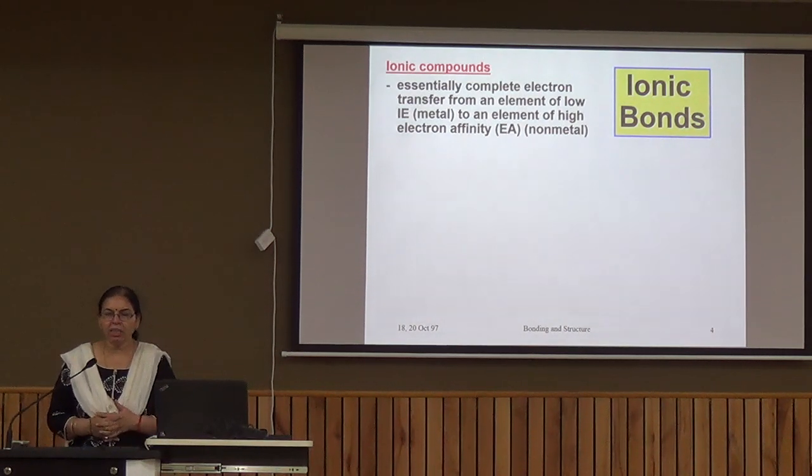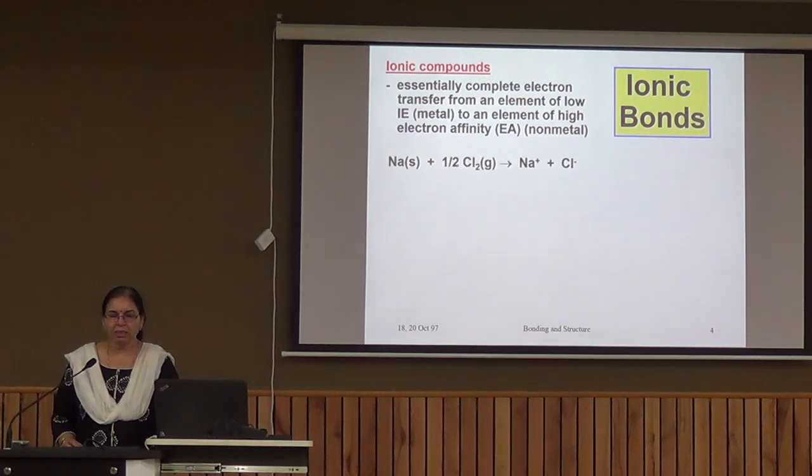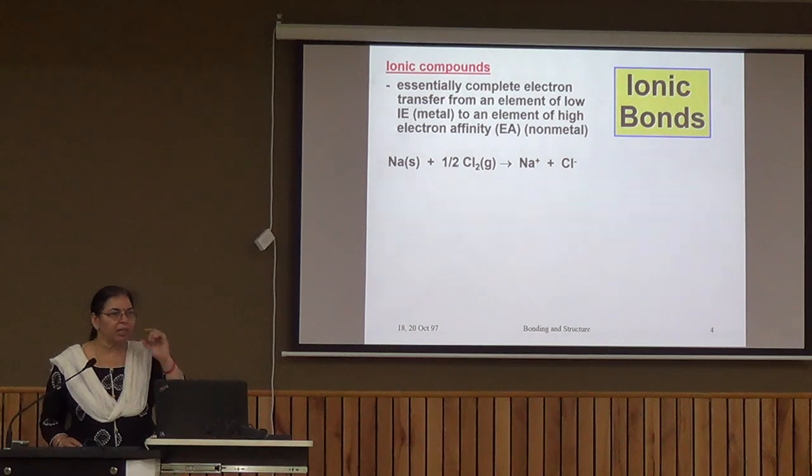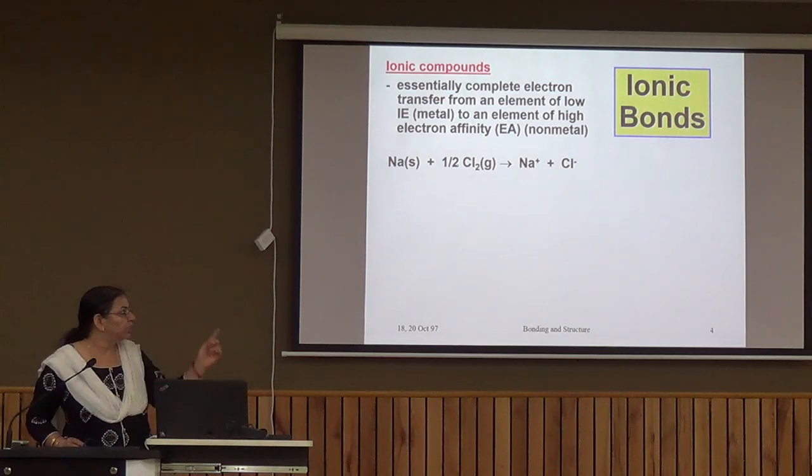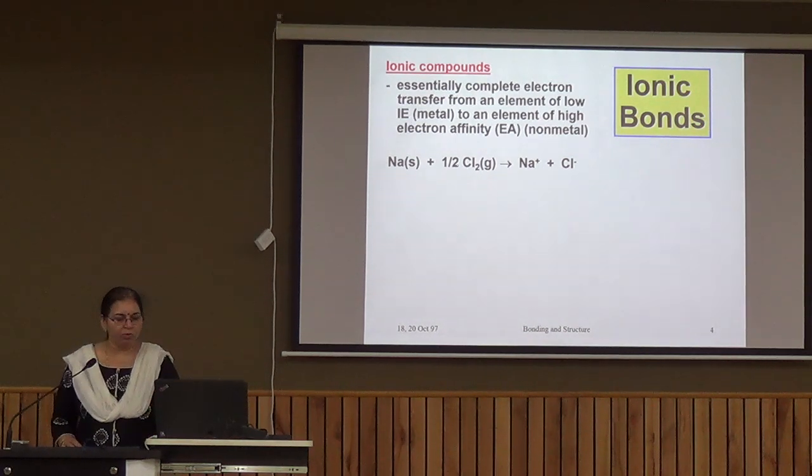Ionic compounds. Ionic compounds are formed, as I have just told you, essentially by complete transfer of electrons from an element of low ionization enthalpy, that is a metal, to an element of high electron affinity, a non-metal. In this the complete transfer of electrons will take place. Just like sodium, when it reacts with Cl2, it will form NaCl.